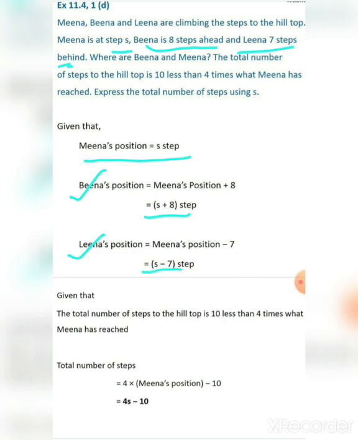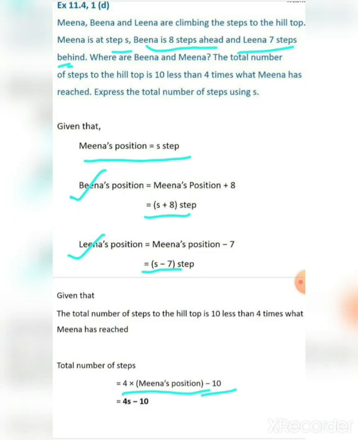Now it is given that the total number of steps to the hilltop is 10 less than 4 times what Meena has reached. So you have to show the total number of steps with respect to Meena's step. So Meena's position you have to first see, what is it, S steps. So accordingly total number of steps will be 4 into Meena's steps minus 10.